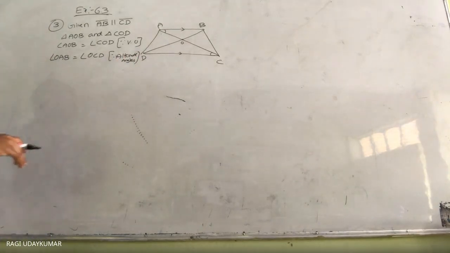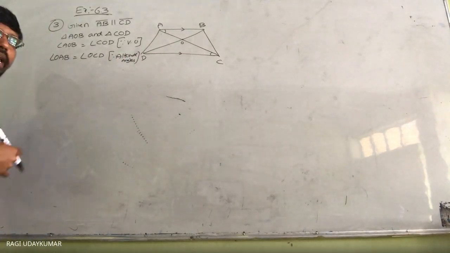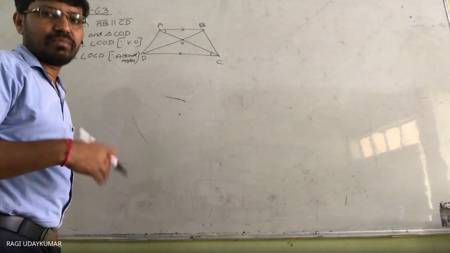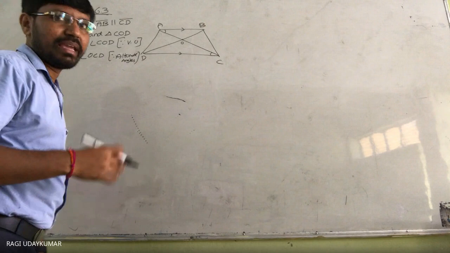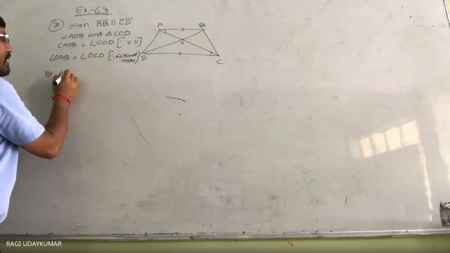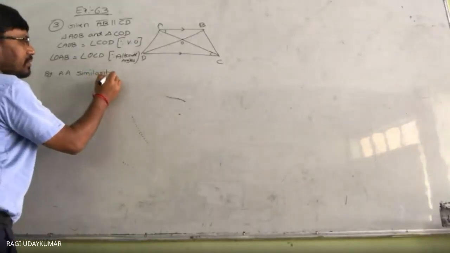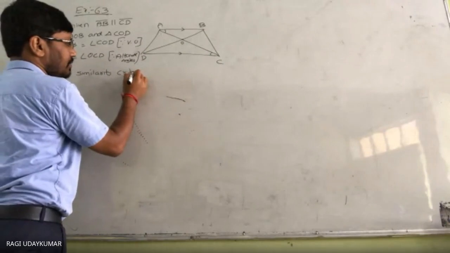So two angles of one triangle are equal to the corresponding angles of the other triangle. Therefore, the two triangles are similar by AA. It is not necessary to mention more, so simply write AA similarity criterion.